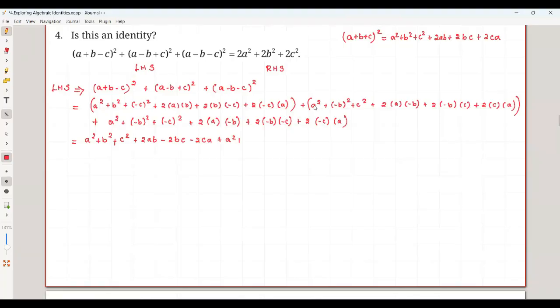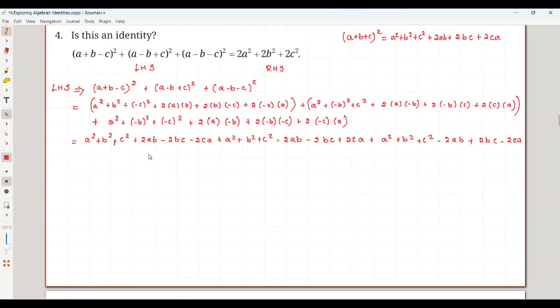Next, a square plus b square plus c square, minus 2ab minus 2bc plus 2ca. Then again a square plus b square plus c square, minus 2ab, plus 2bc, where minus into minus becomes plus, minus 2ca.